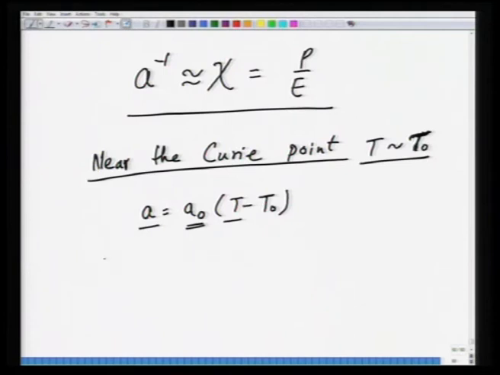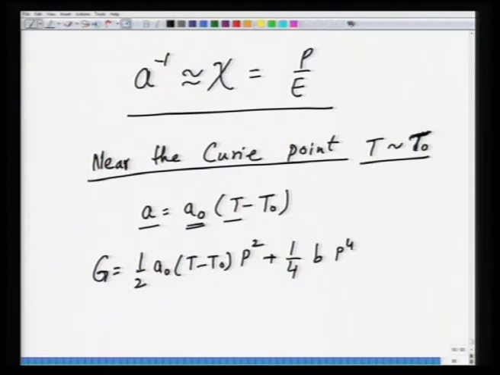So this G expression now becomes equal to half of A naught into T minus T naught multiplied by P square plus 1 by 4 B P4 plus 1 by 6 CP6 and so on and so forth minus EP. Okay.